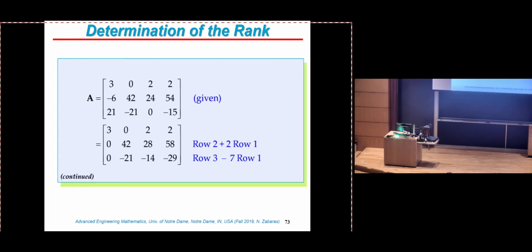So I need to multiply row 1 with something and subtract the result from row 2. Can you tell me what I should multiply row 1 with, so that when I subtract it from row 2, I can get rid of -6?